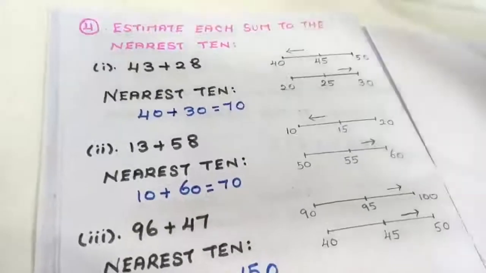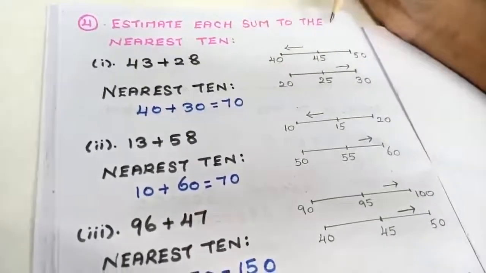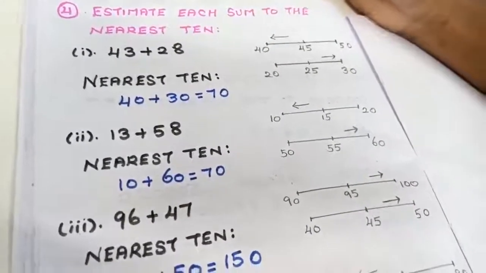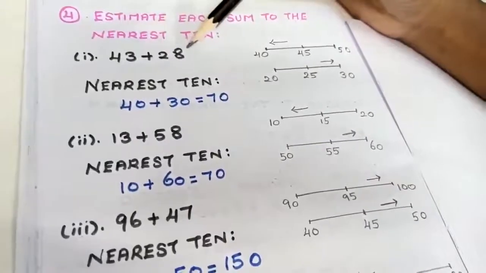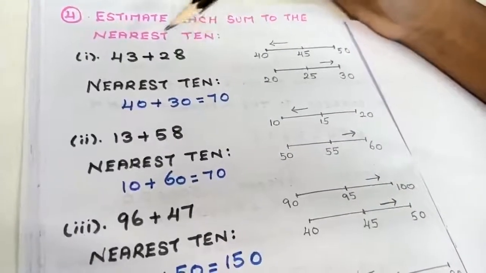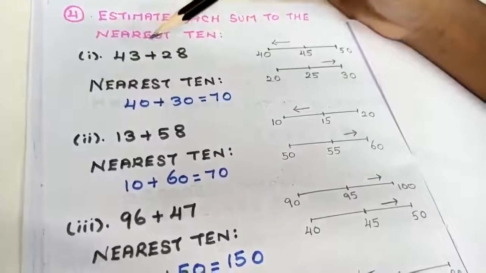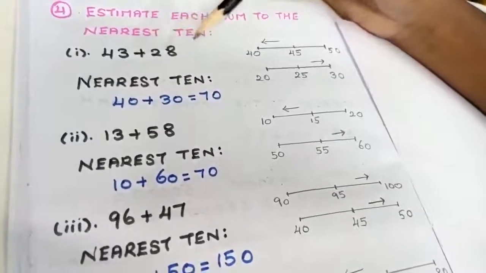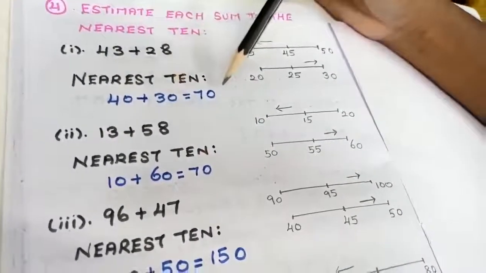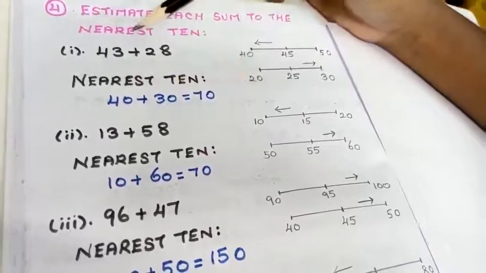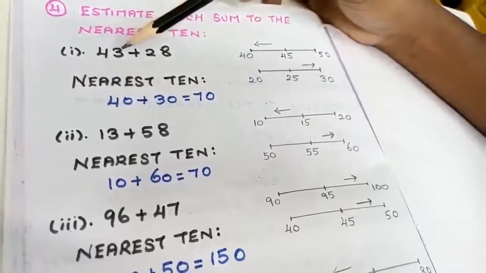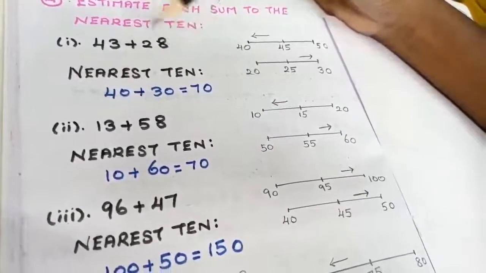Question number 4. Estimate each sum to the nearest 10. They will be asking you to find the addition. Before doing the addition, first we are going to estimate the number, that is, we find the nearest 10. For those values, we are going to add. So what I am going to do here, students, 43 plus 28.